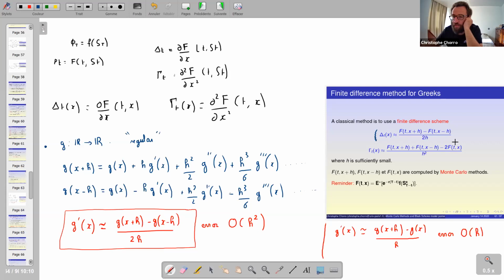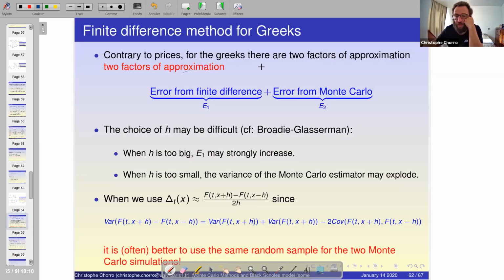So I have two sources of approximation, meaning that from a numerical point of view, this problem is in general a little bit more complicated to deal with. So it's exactly what I write here. Contrary to prices, for the Greeks, I have two factors of approximation: one coming from the finite difference scheme, and one coming from the Monte Carlo computation of each element of the finite difference.